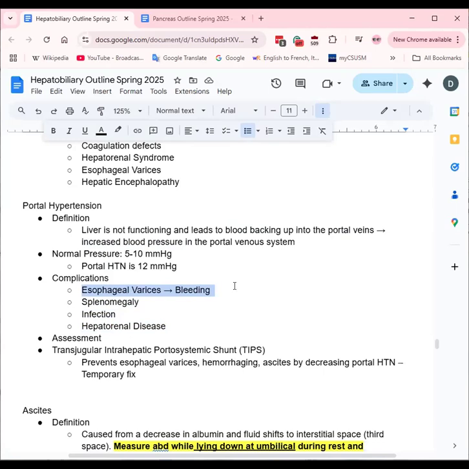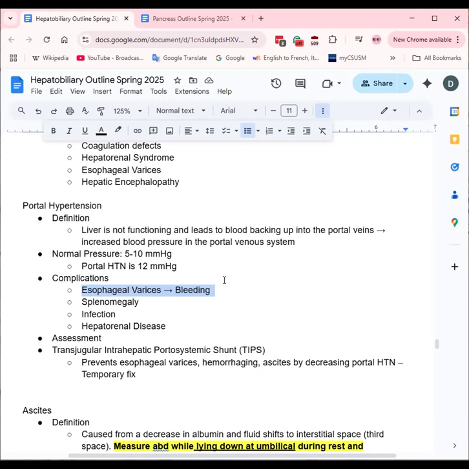What esophageal varices means is that, because your liver is involved with the GI tract, and the esophagus is part of the GI tract, in order to improve the blood flow, it creates new circulation, and some of that new circulation is usually very fragile.